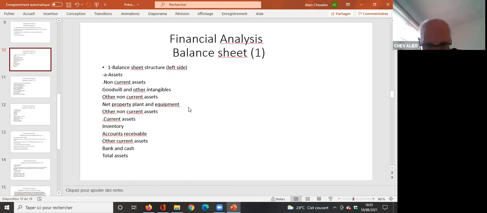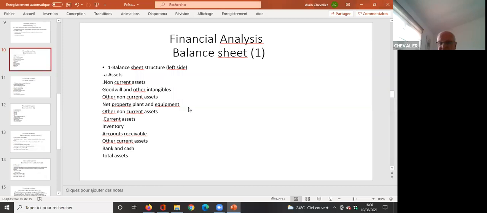Second, you find current assets. And current assets, it's first inventory. I said a few words already on inventory; we will come back to the details of the measures and how to value that. But inventory can be very central in some economic sectors. If you have a look at building companies, those which are building offices or flats in the central part of Hanoi or a given city, have a look at their balance sheet.